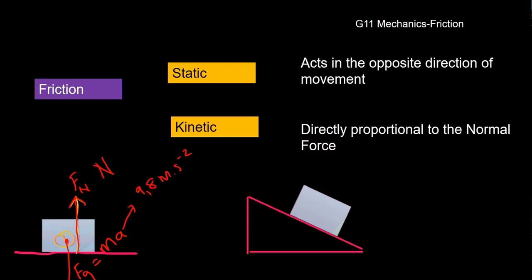It is directly proportional to this normal force. So if we've got a light object, in other words, the mass is not big, then the force of gravity on it is going to be smaller than on an object that is much heavier.